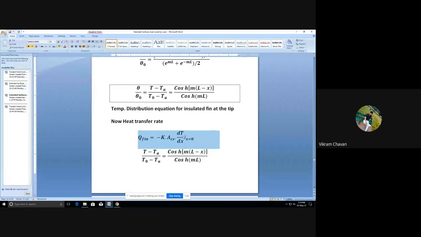To determine this temperature gradient, the differentiation of T with respect to x, we have to consider once again the temperature distribution equation.